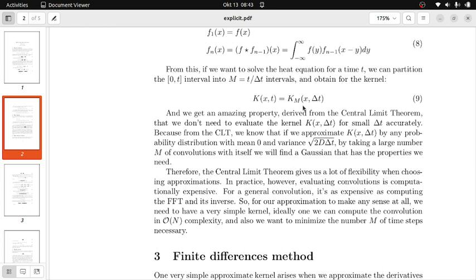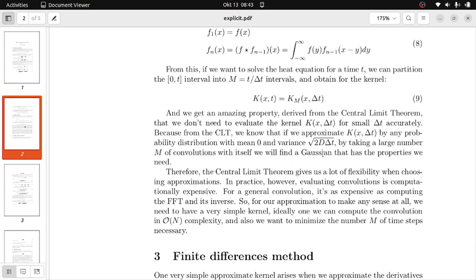And what it means for us is that we don't need to be exact. If we approximate this kernel here, k of x, delta t, as long as it has mean 0 and variance 2D delta t, which is what we expect from our theoretical analysis, if I jump m steps for a large number m, I should approach a Gaussian in that limit.